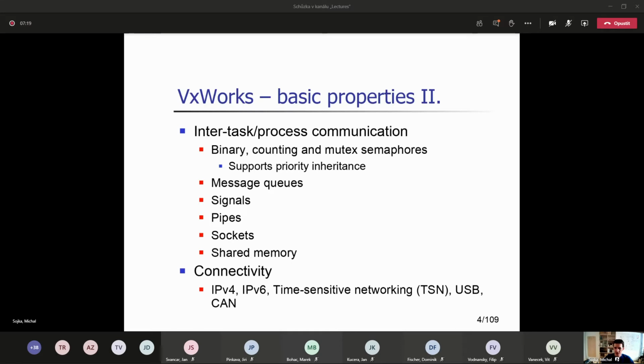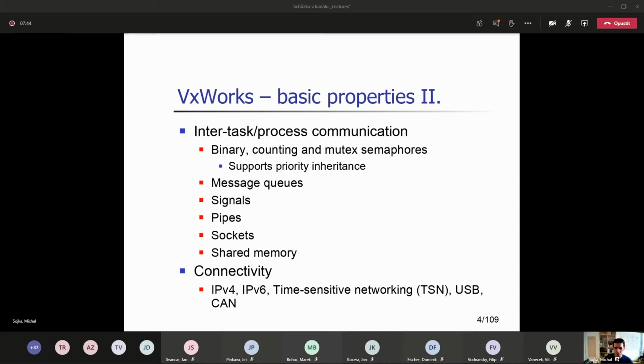Of course, VxWorks also offers a lot of connectivity solutions, which means networking, IPv4, IPv6. It's a standard today. There is already support for upcoming Ethernet standards like time-sensitive networking, USB communication, CAN buses, and so on.